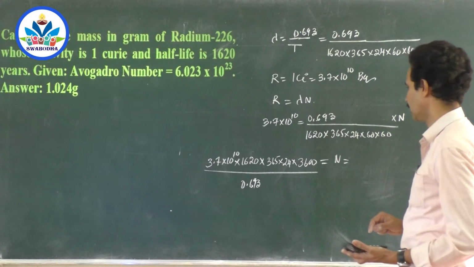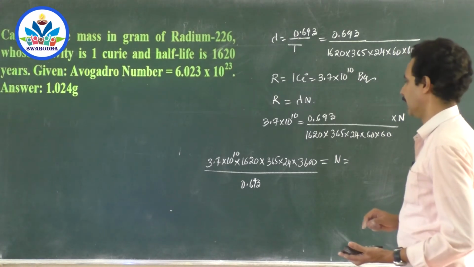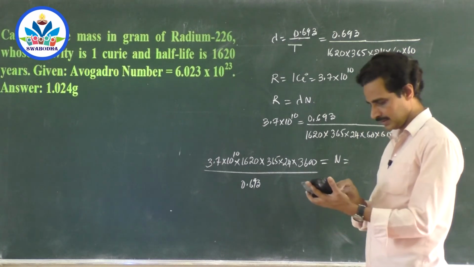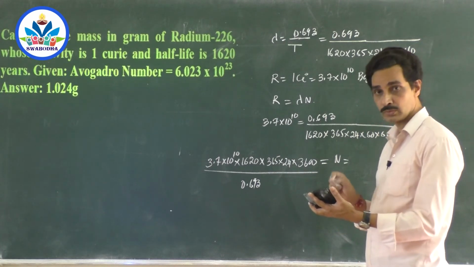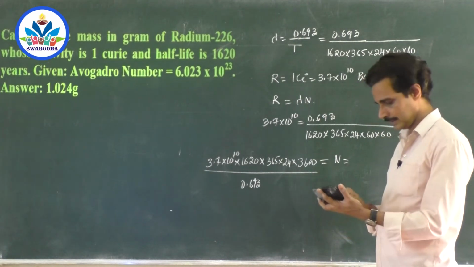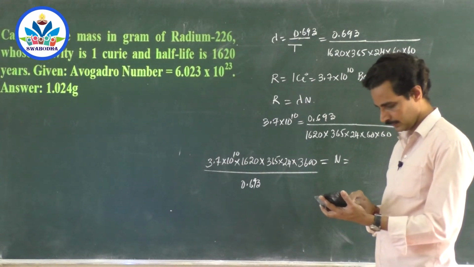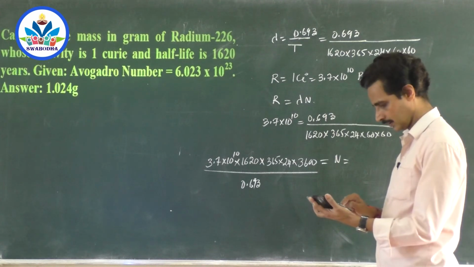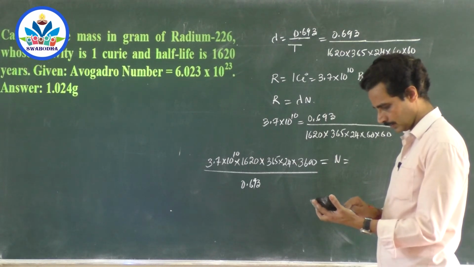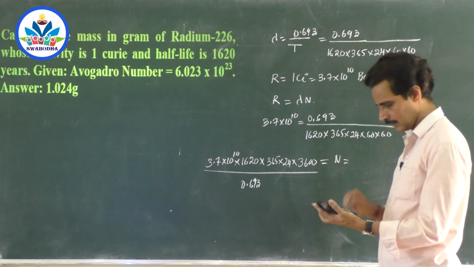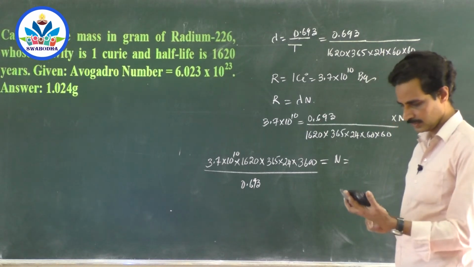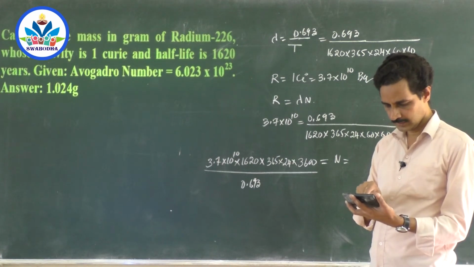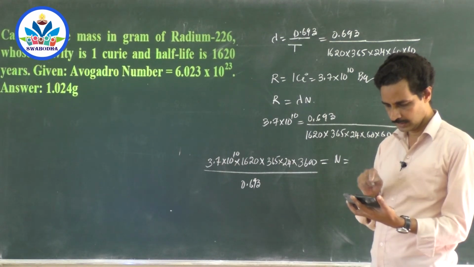How much do we get now? 3.7 into 1620 into 365 days, 24 hours, 60 minutes into 60 seconds, 3600, is equal to this much, divided by 0.693, is equal to this much. So this is a very large number, 12 digits.